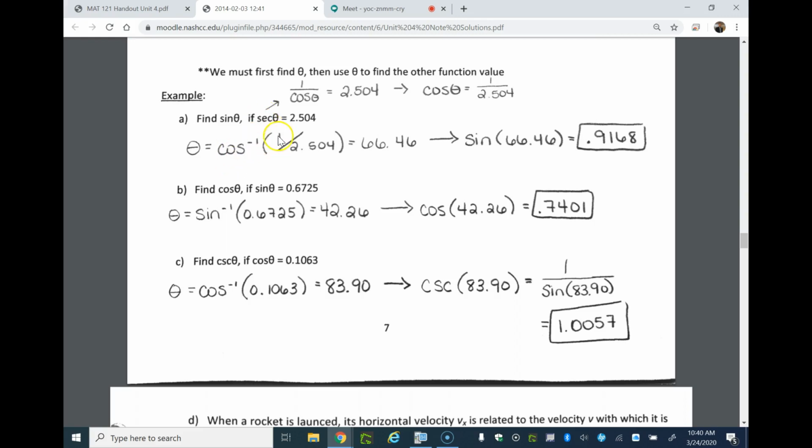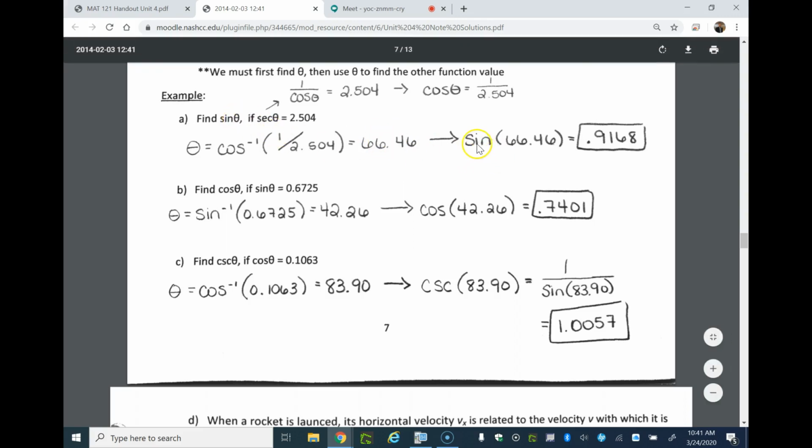Remember the 1 over this number, get our answer, and then you put the answer, which is our theta, in here, and you put sine of theta equals this part. So it's kind of like a 2-part problem. You get rid of the secant first, get our theta answer, and plug it into the first part, like so.